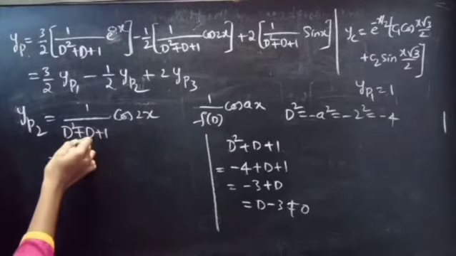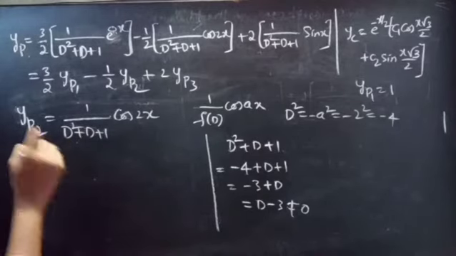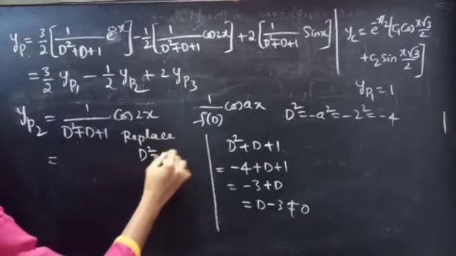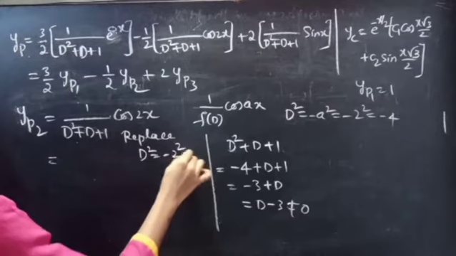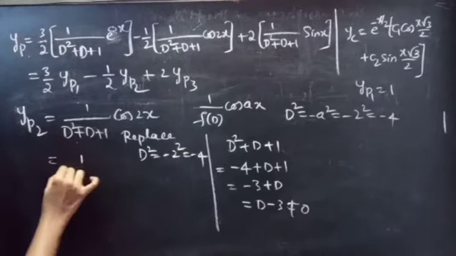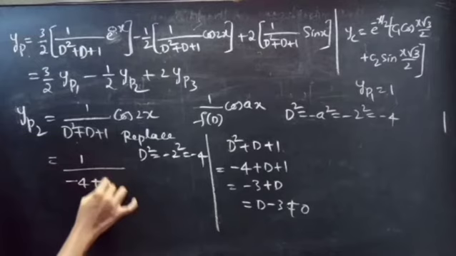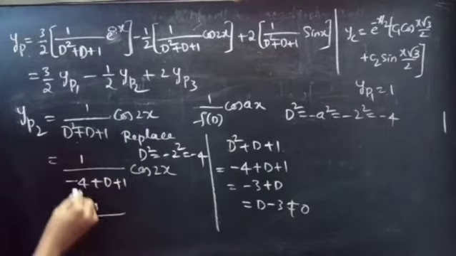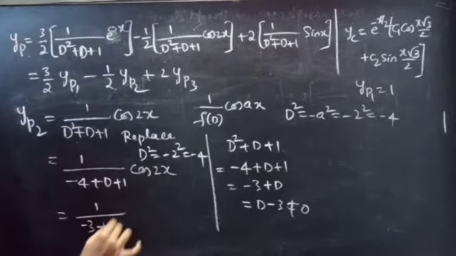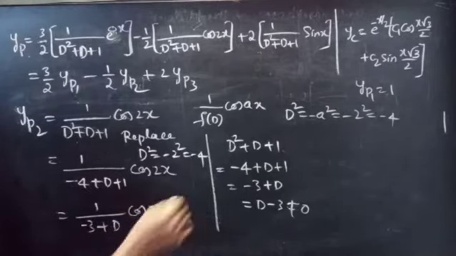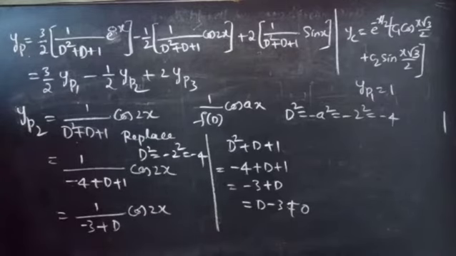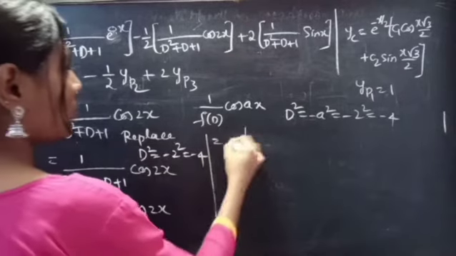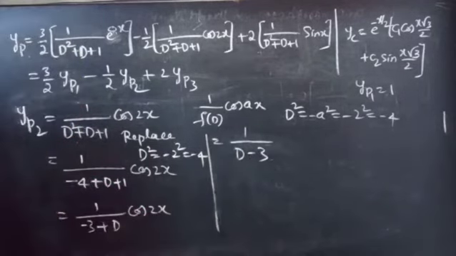Since the denominator does not become 0 by replacing D square by minus 4, we can replace D square by minus 4, right? Then this becomes 1 by minus 4 plus D plus 1 into cos 2x, which equals 1 by minus 3 plus D into cos 2x, or you can write it as 1 by D minus 3 into cos 2x.